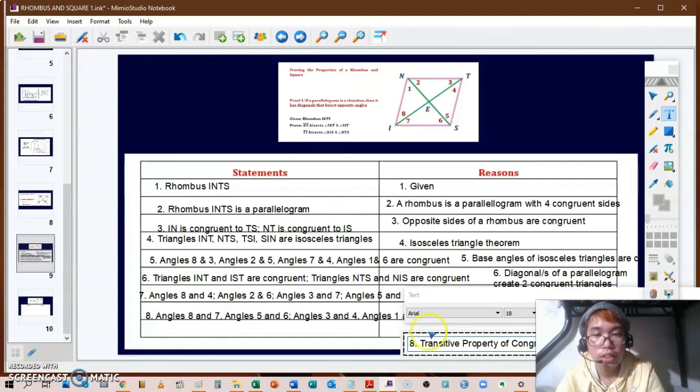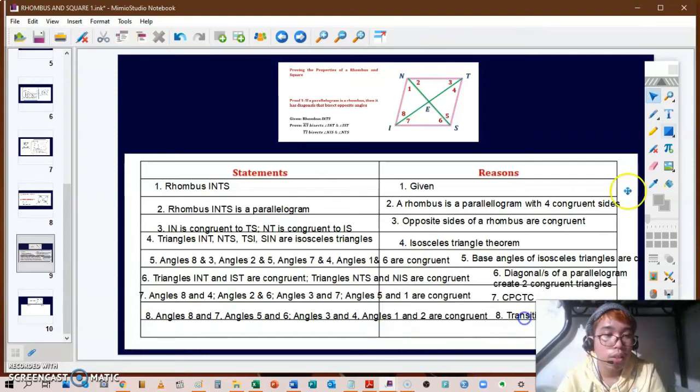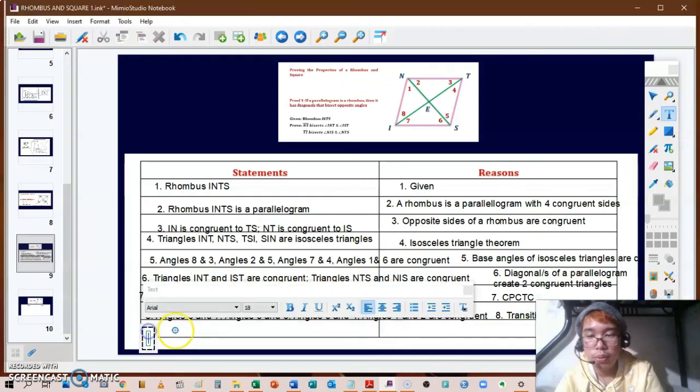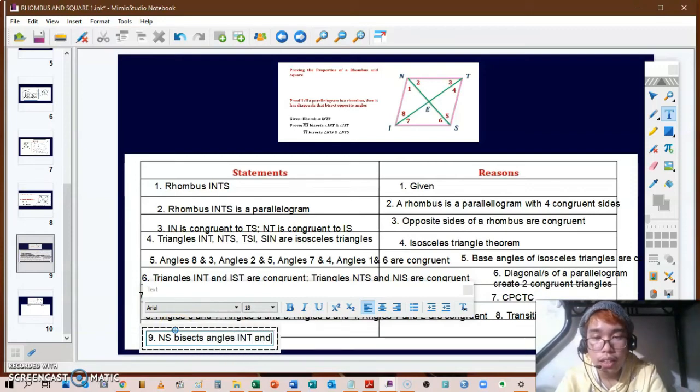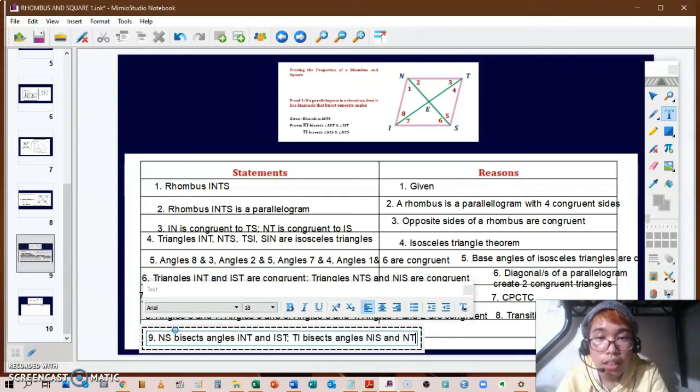And therefore we can write here at number 9 that NS bisects angles INT and IST, and also TI bisects angles NIS and NTS.